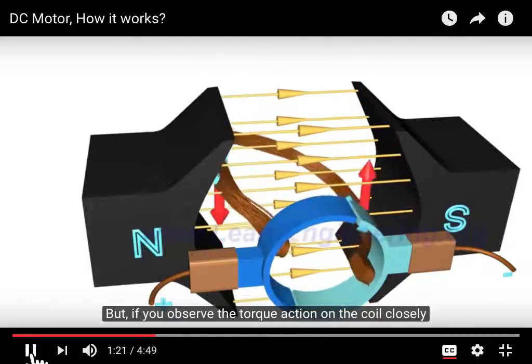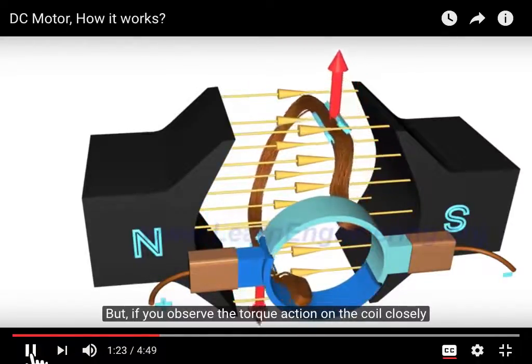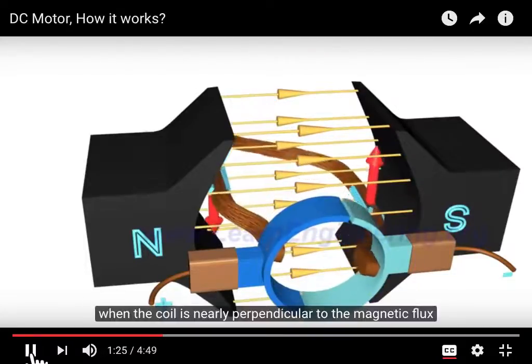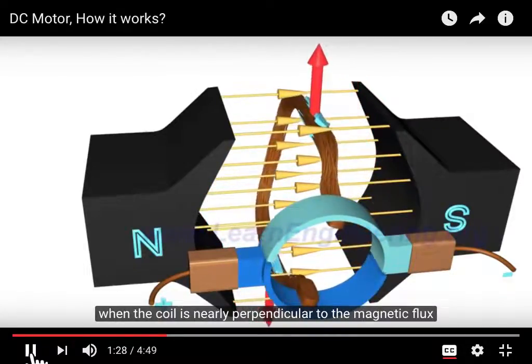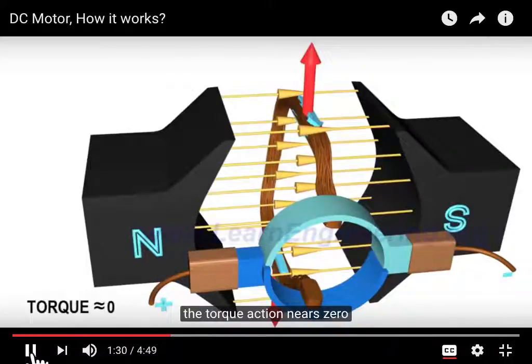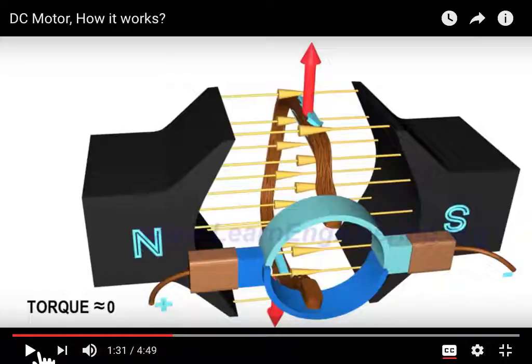But if you observe the torque action on the coil closely, you will notice that when the coil is nearly perpendicular to the magnetic flux, the torque action nears zero. Okay, so magnetic flux is not something we've discussed yet, but flux is essentially the flow of field through an area.